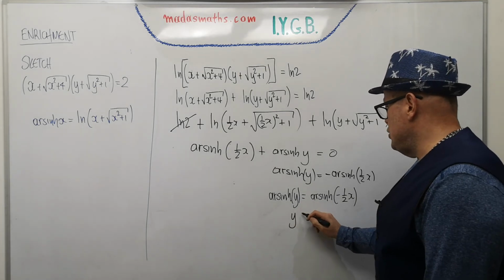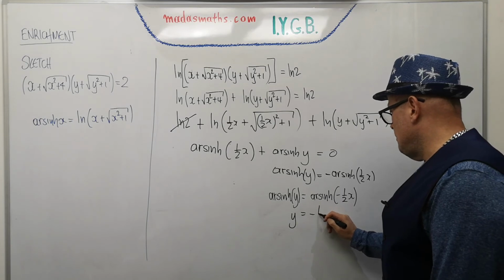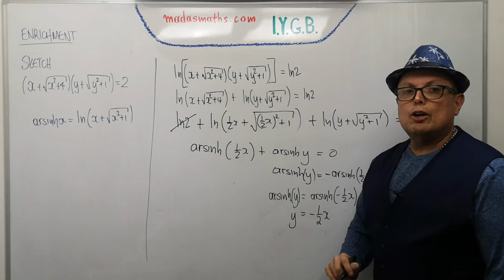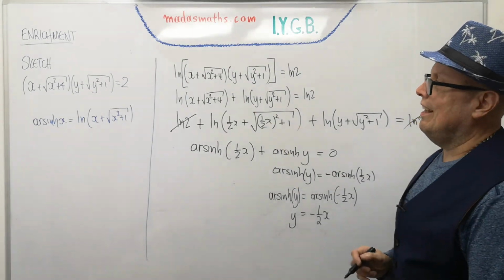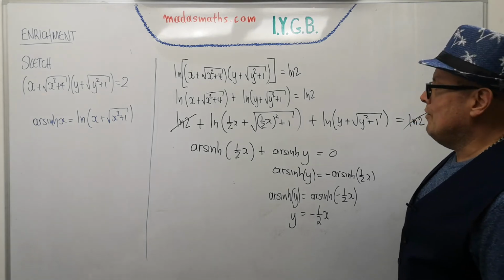So the final implication is that this argument must be exactly the same as this argument, and therefore the required curve, all this mess that you got up there, should simplify to y is equal to minus a half x.